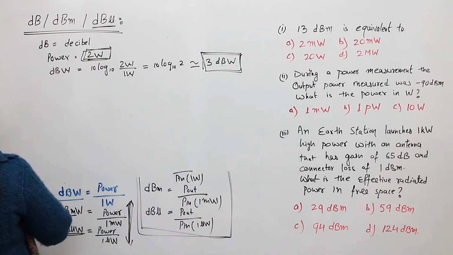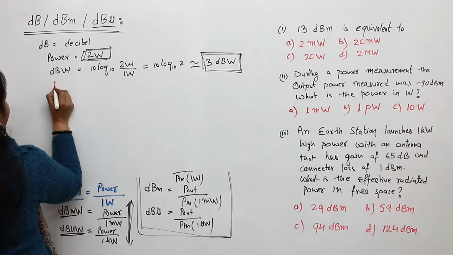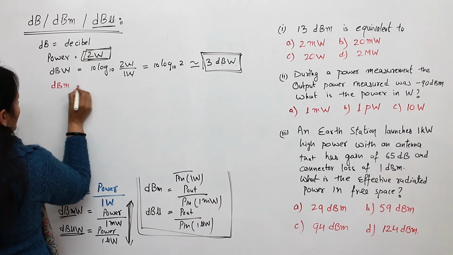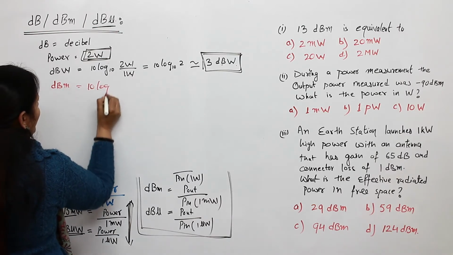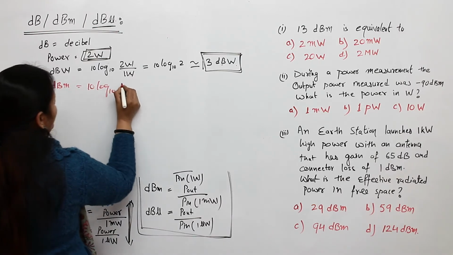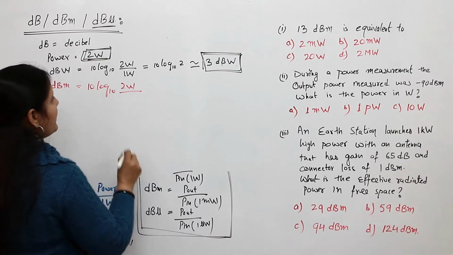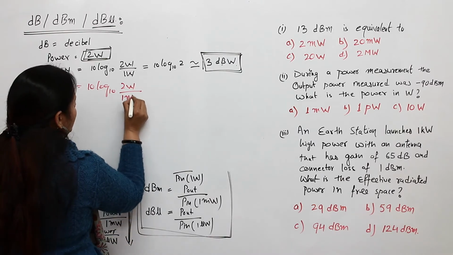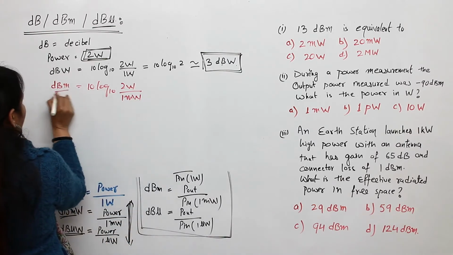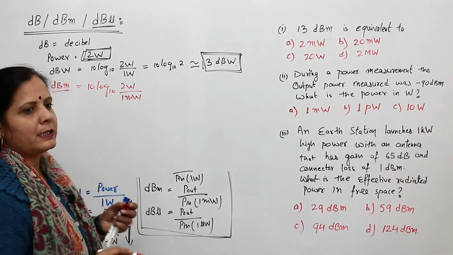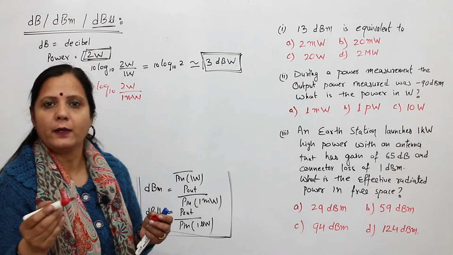If the next problem asks you to represent this 2 watt power in dBm, then write the same formula, 10 log10 of 2 watt, where the reference power is 1 milliwatt. In dBm we compare our power intensity with respect to 1 milliwatt.